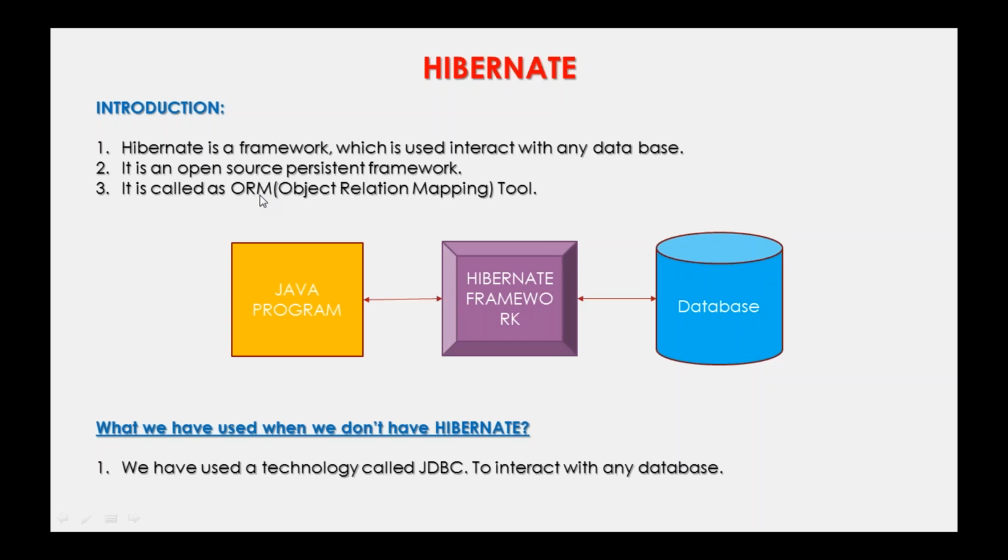If we use Hibernate in our programs, in which manner can we interact with the database? What are the advantages? If we use JDBC in our program, in which manner do we write the programs? Which one is best? We'll discuss it.